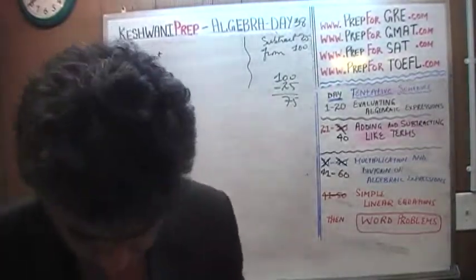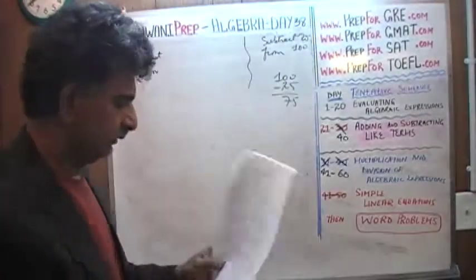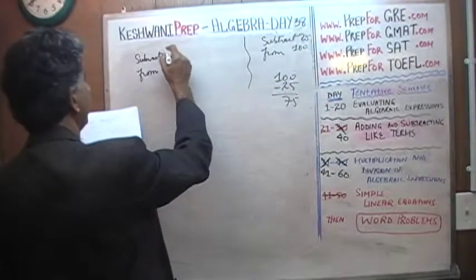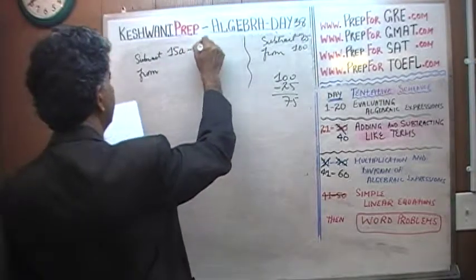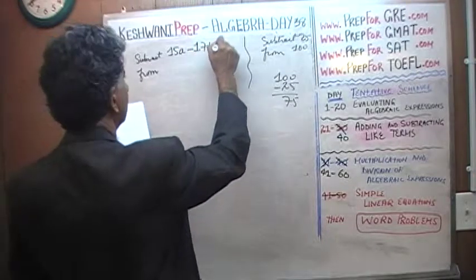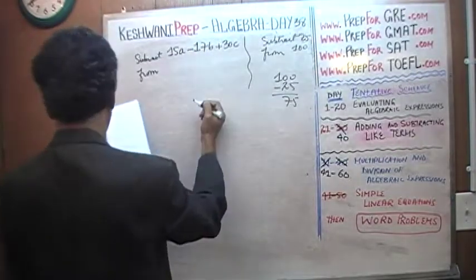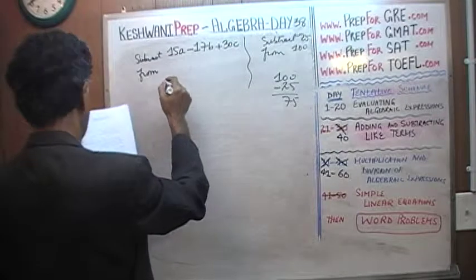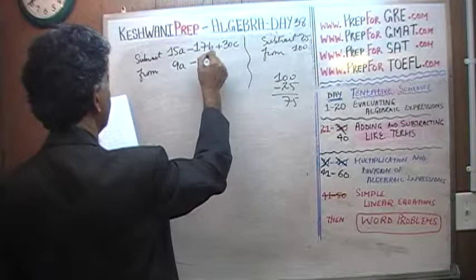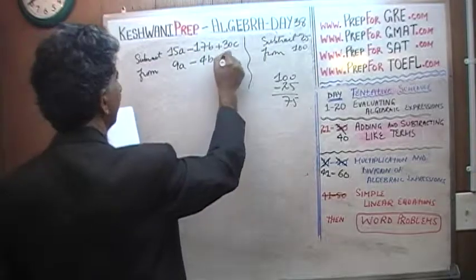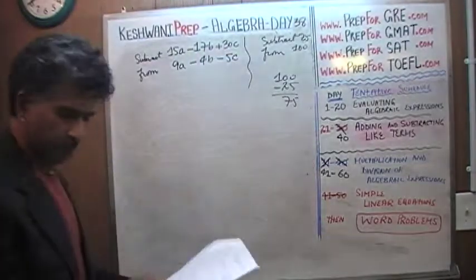It says subtract, the last one, it says subtract 15a minus 17b plus 30c from 9a minus 4b minus 5c. Let's see what we get when we do that.